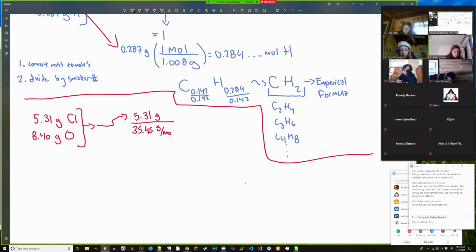grams per mole. Right, and this is a bit of a more compact notation here. It is the same thing as doing the dimensional analysis I showed you up here, but it's just a little bit quicker to write, right?